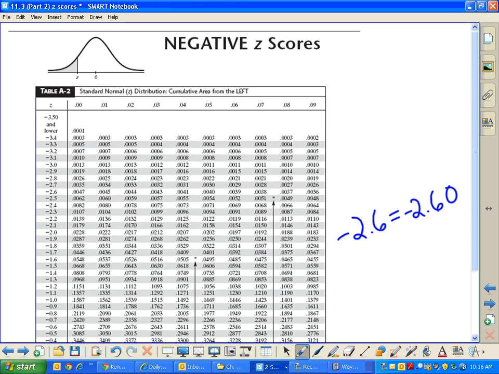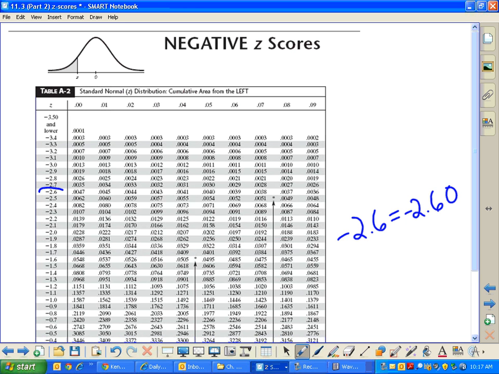So that's the z-score I need to look for on table A. Up here I start at about negative 3.5, which is almost 0% chance, all the way down here on your bell curve, and then it works its way up a little bit.